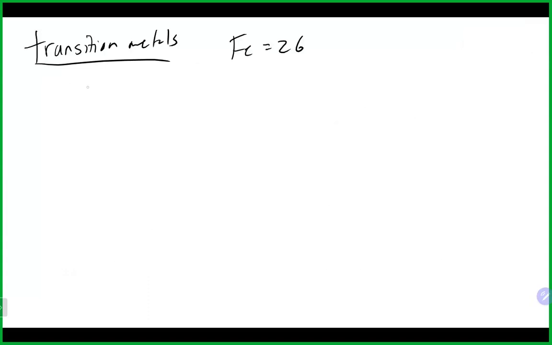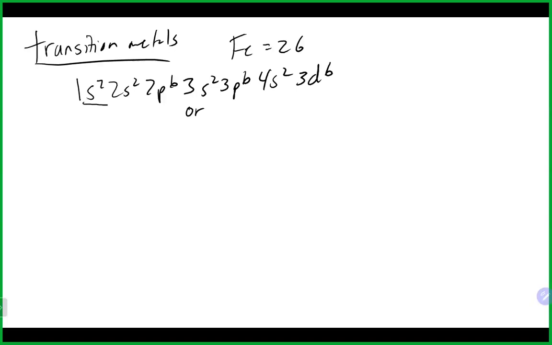Basically here, 1s2, 2s2, 2p6, 3s2, 3p6, 4s2, 3d6. That gets us our 26 electrons. We could shorthand this: up to here is argon, so that is argon, 4s2, 3d6 in the shorthand.